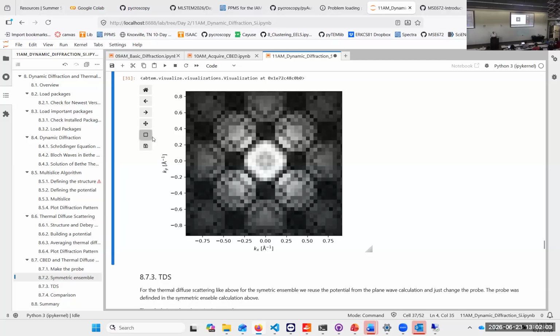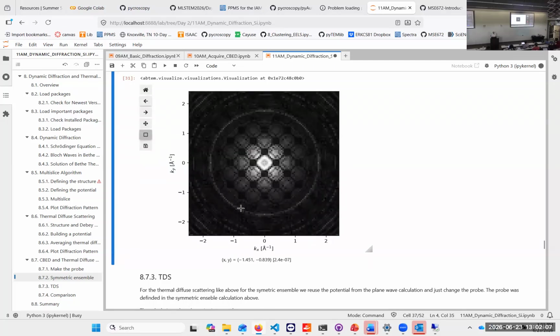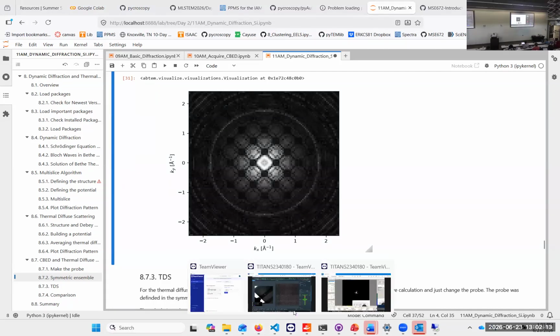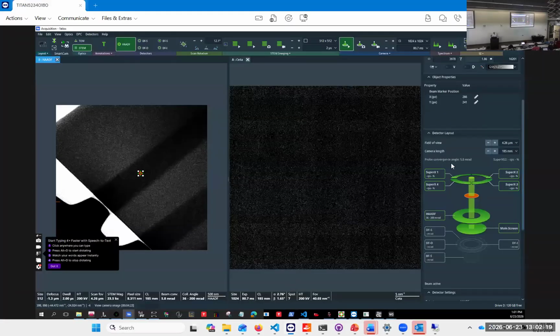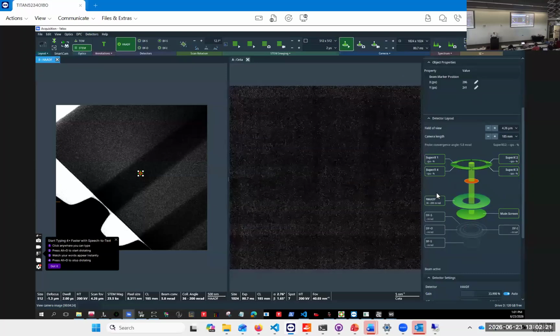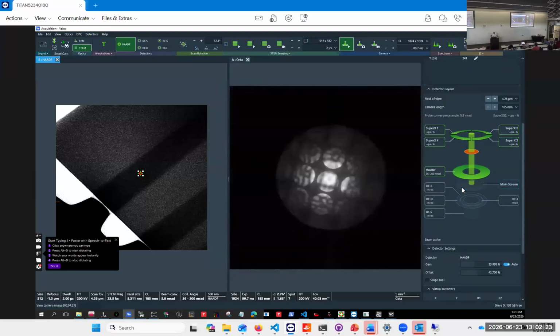We see that. But we also see that we now have the Waltz rings that we observed in our microscope. To remind you, where were we? We were on the microscope. Take this out. It's not quite in zone axis, right? You see that here.